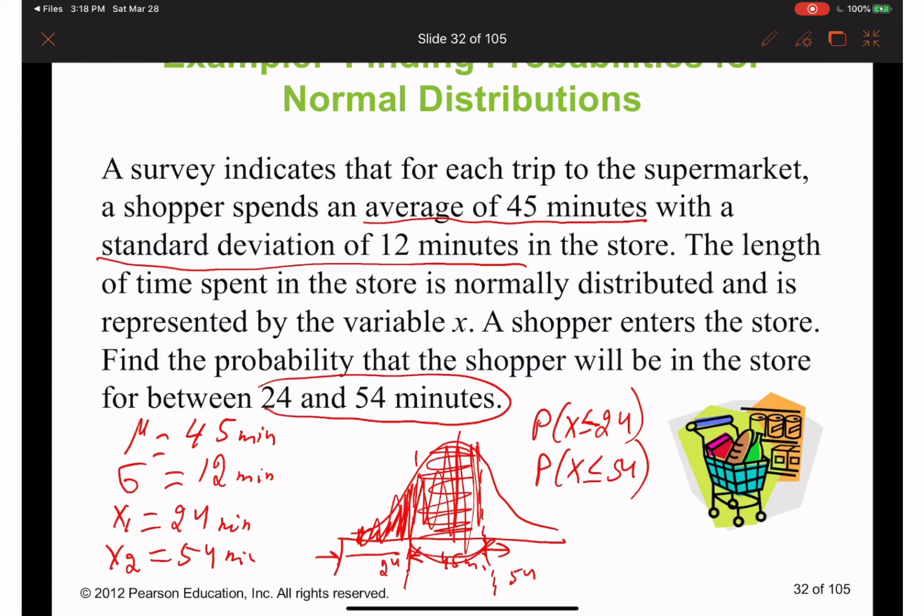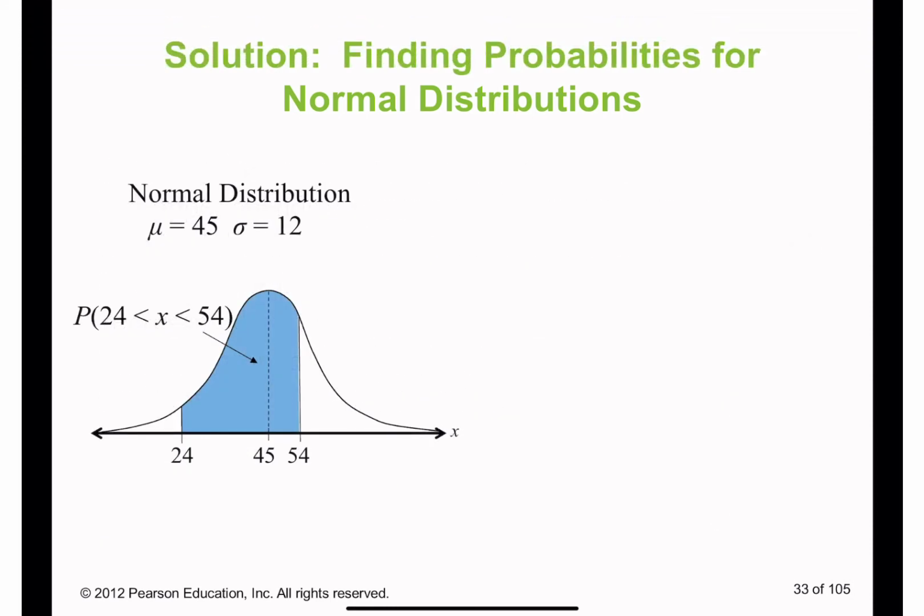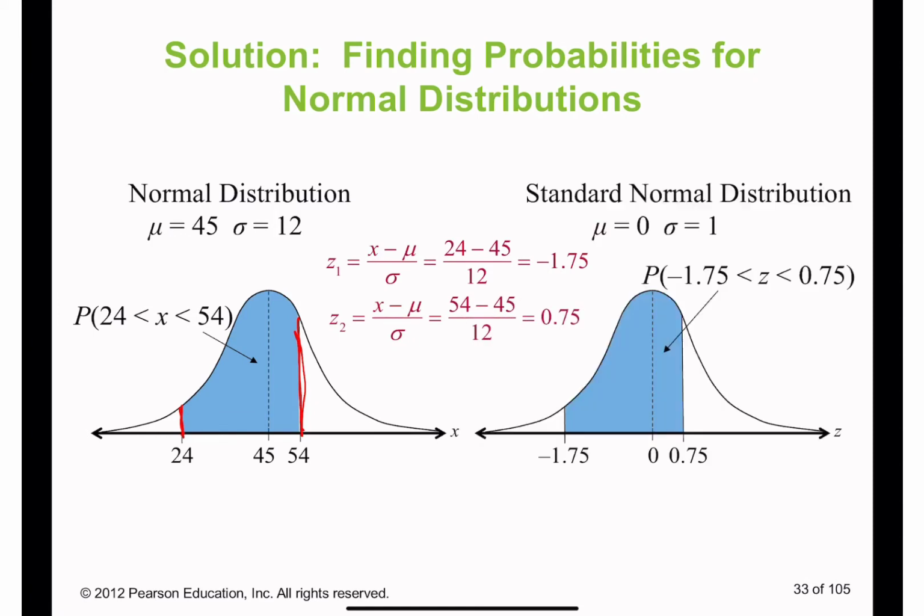Let's look at how we are solving. So here it is between 24 and 54, right? We need to find the z-score for both: 24 minus 45 over 12, 54 minus 45 over 12. 24 matches z-score negative 1.75. For 54, the z-score is 0.75. Okay? So z-score greater than negative 1.75 and less than 0.75.